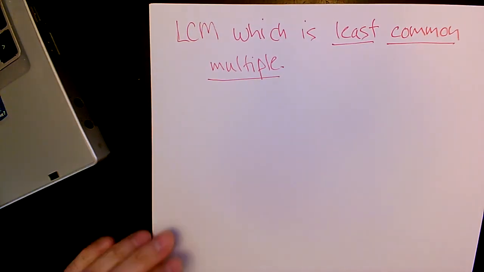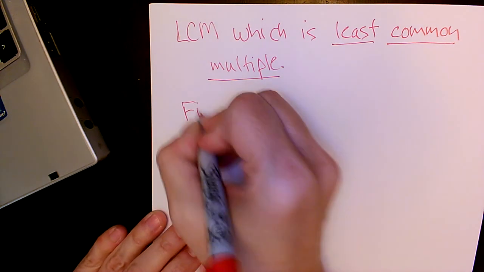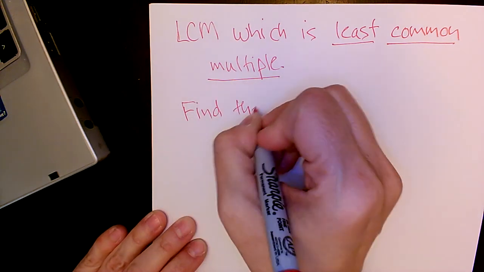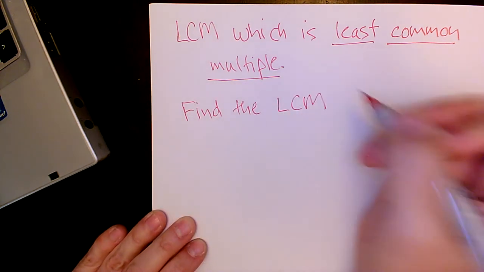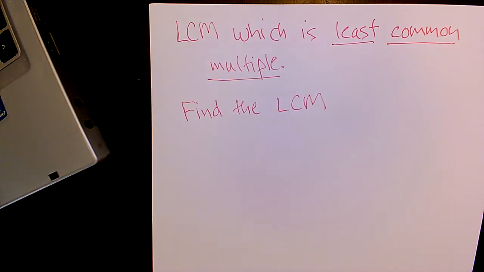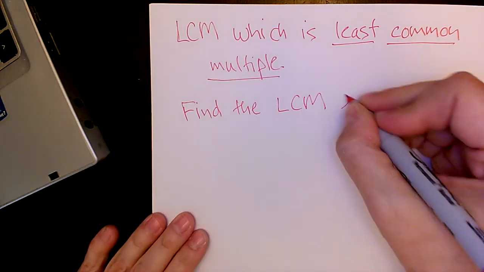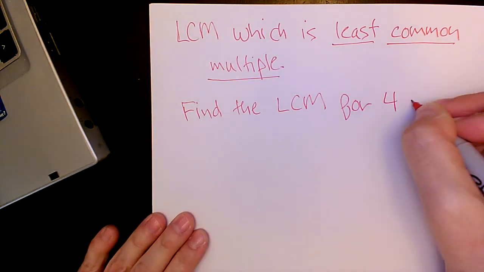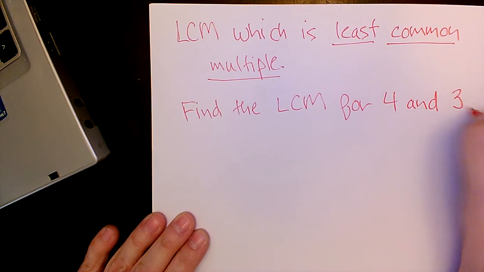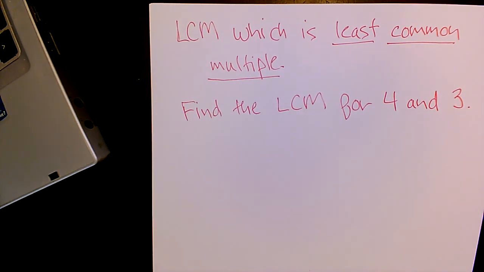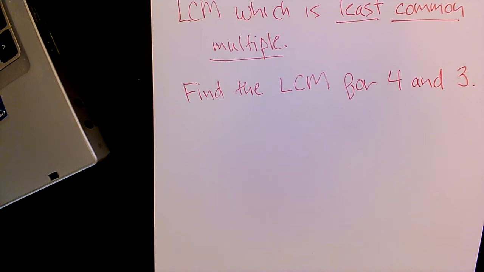Okay, so they're going to give us two numbers, and they're going to say find the LCM. It's easier to write LCM instead of least common multiple. Now, this is how I do it. I list them out. You could also do a factor tree. So if you don't like this method, let me know and I can show you how to do this using a factor tree.